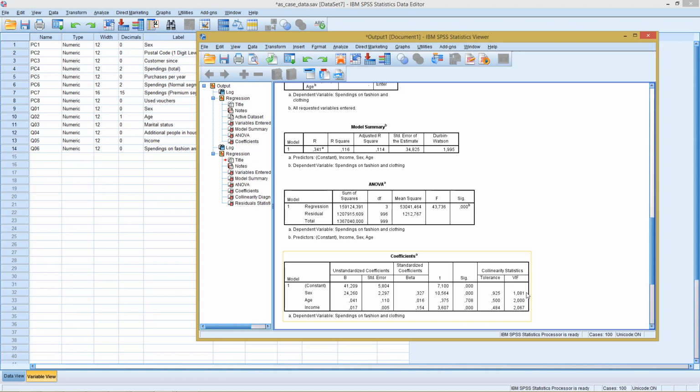However, I personally would recommend to start thinking critically about your data when you see a VIF larger than 2, or correspondingly a tolerance of less than 1/2. Here we see that's the case for age and income.